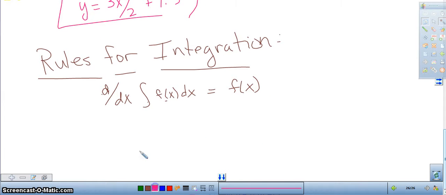The same thing could be said a different way. If I integrate a derivative, and I'm going to use a capital F to show that it's the derivative of the antiderivative, when I get it back, it's just going to be my original function plus c. Okay? So they're basically inverse operations, derivatives and integrals.